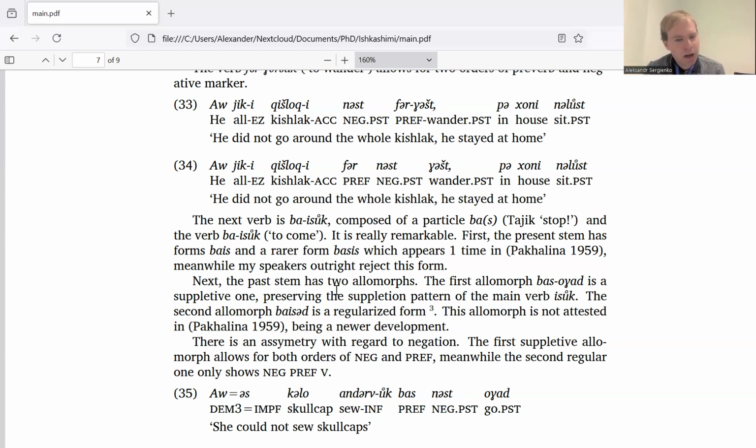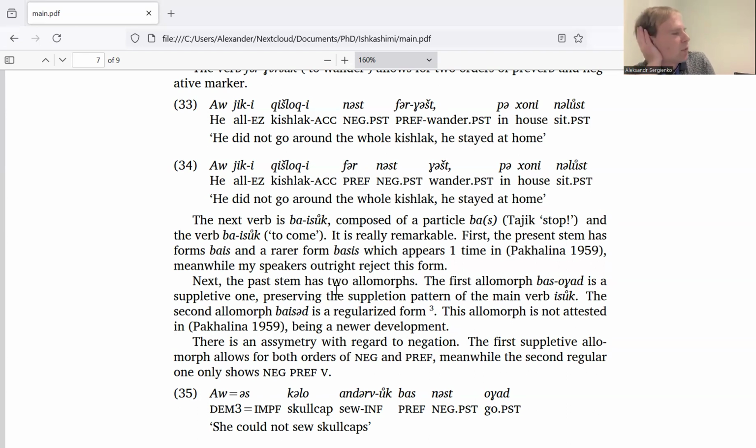And the past tense has two allomorphs, right? The first allomorph is basugat. It's a suppletive allomorph. Let's go one step previously, and like isu, right, the verb to go has a suppletive form ogat in the past tense, right?